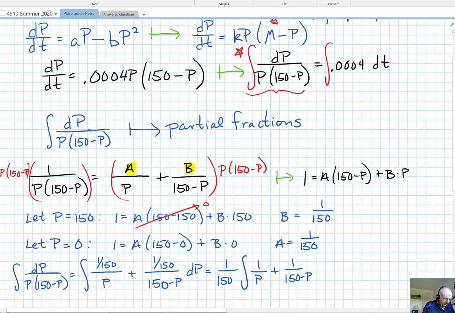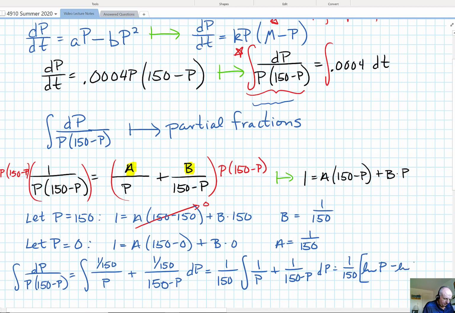Right? That's this side right here. And I can integrate both of those. We end up with 150 out in front times, we end up with what? An ln of P. And again, we're assuming population is positive, so we're going to just drop the absolute values.